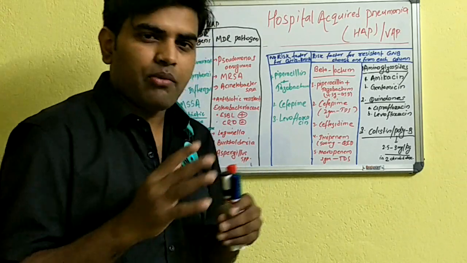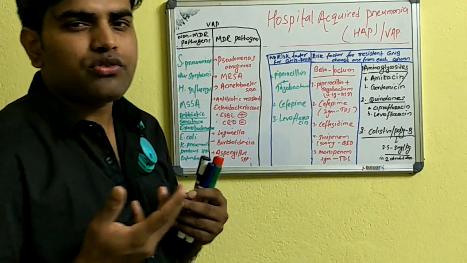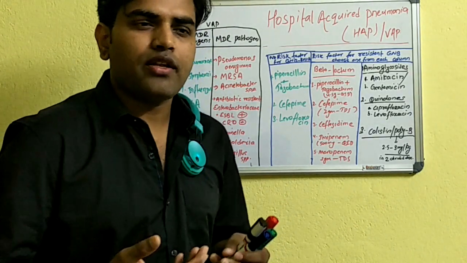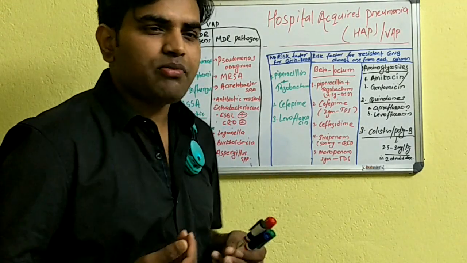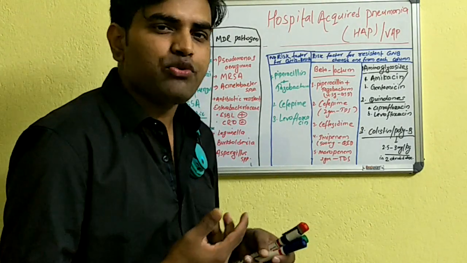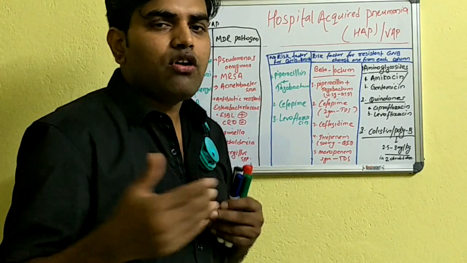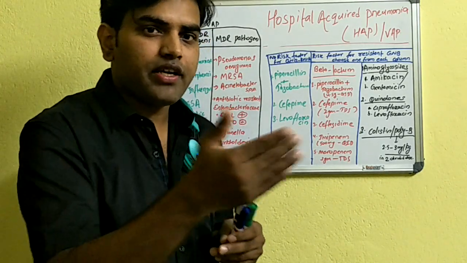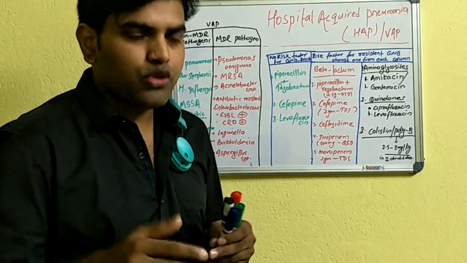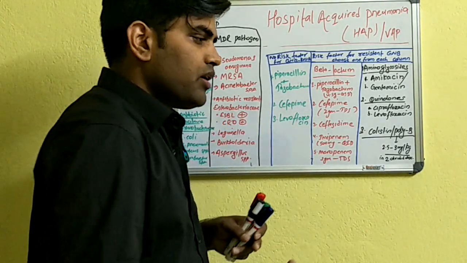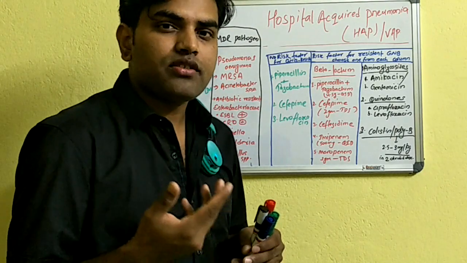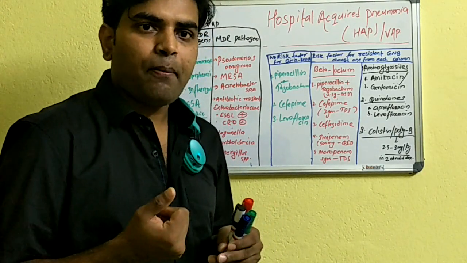Now let's discuss these 5 points. Fever can be caused by many causes in a critically ill patient. He may have septicemia, UTI, meningoencephalitis, anything. There are a lot of causes of fever in a critically ill ventilated patient. Leukocytosis is the same, due to many causes.